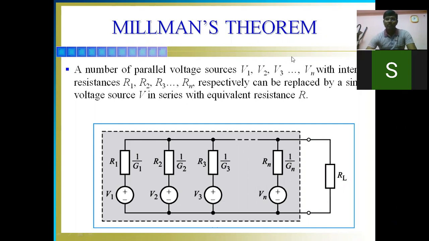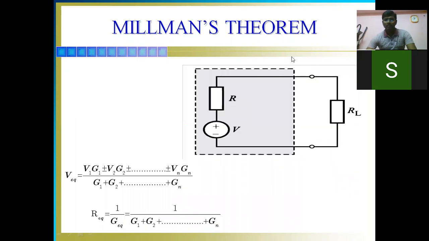This is the equivalent circuit of Millman's theorem. All these voltage sources with their internal resistances can be replaced by a voltage source in series with a resistance. This is the Millman equivalent.